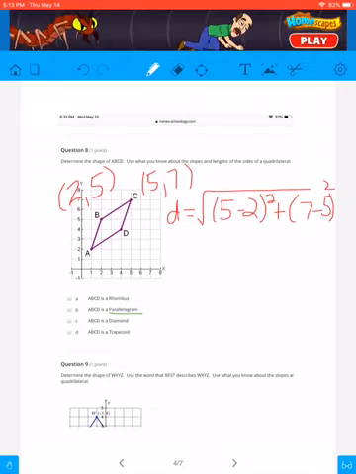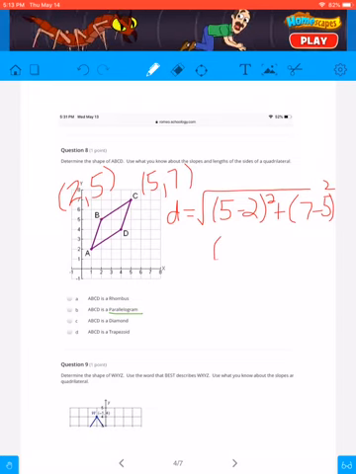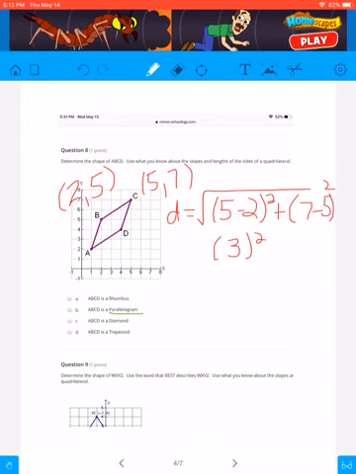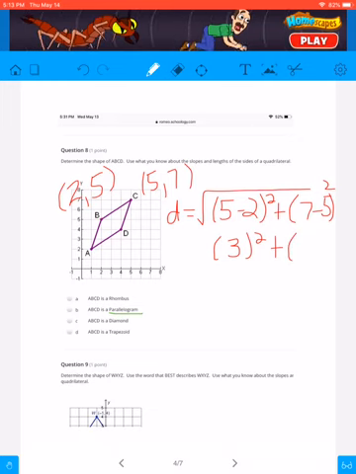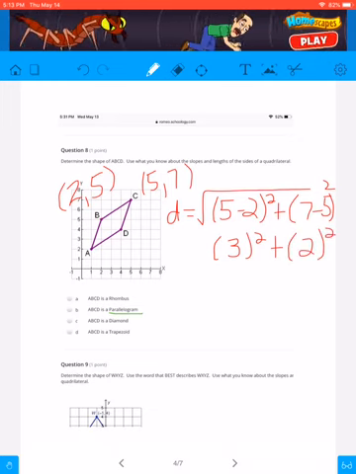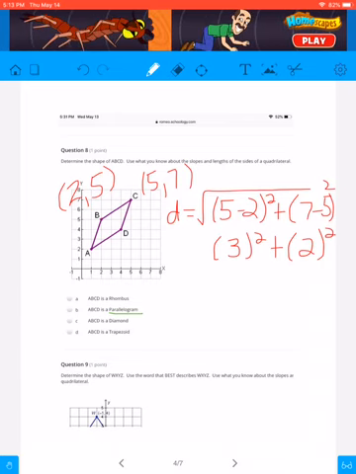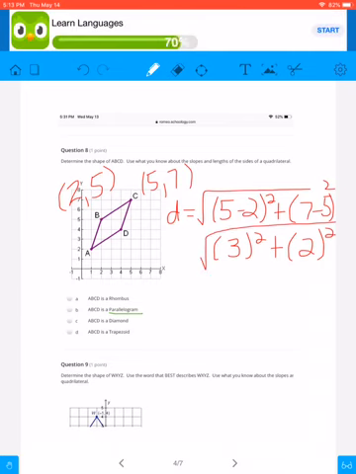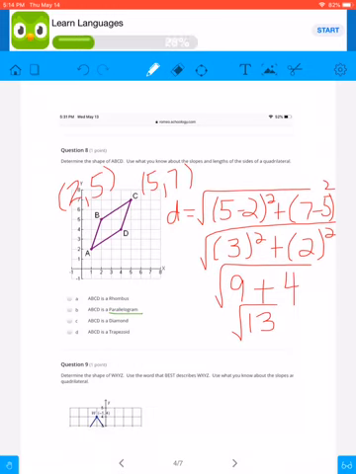So we simplify in the parentheses and we get 3 squared. Simplify in this parenthesis and we get 2 squared. So we have 3 squared, which is 9, 2 squared, which is 4, and the 9 plus 4 is 13. So this one is the square root of 13.